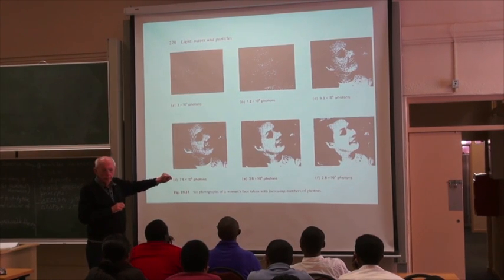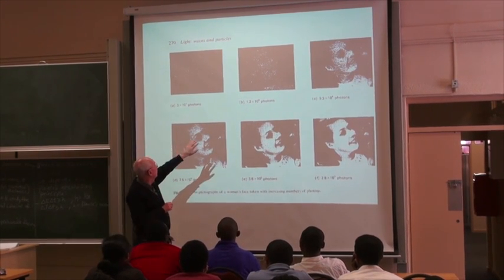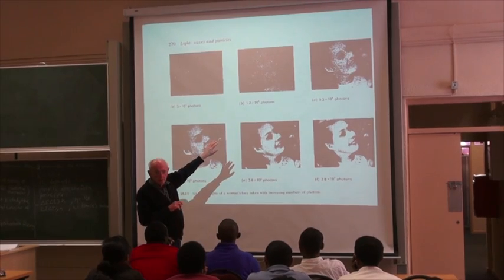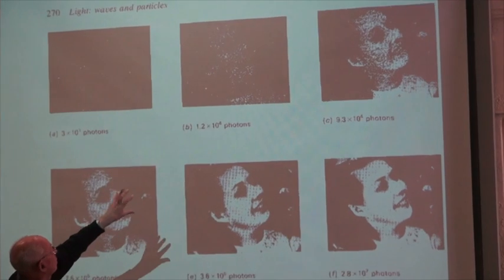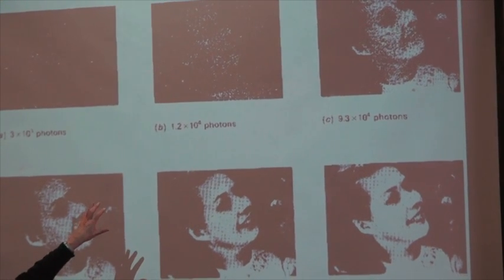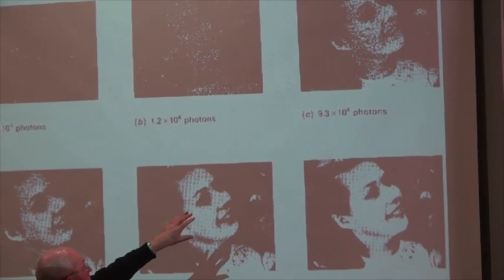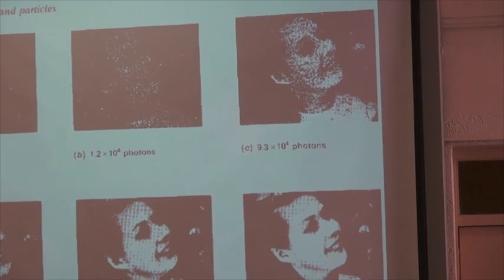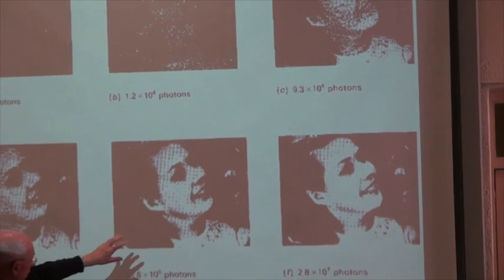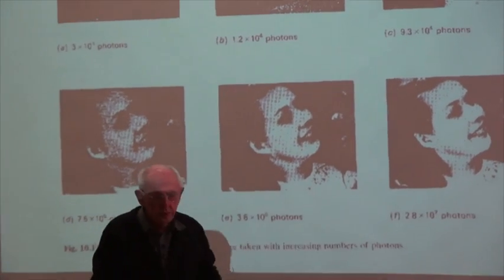It's the same photo. Then you take more photons. These are the particles of light. Then you get something like that. And then you put in more, then you get that. And if you still take more, this, and so the number of photons are given here.